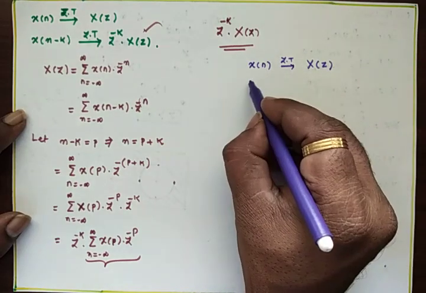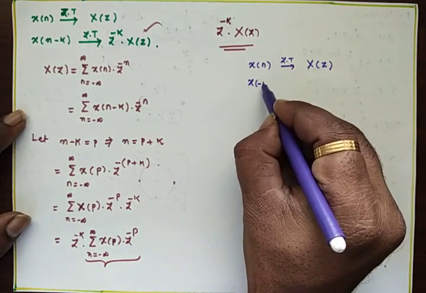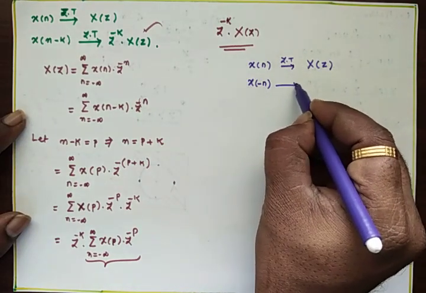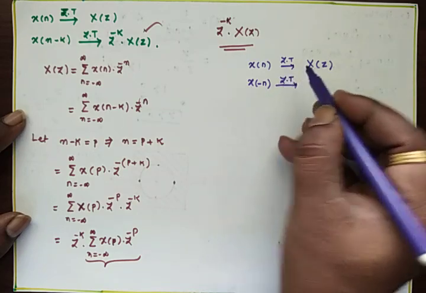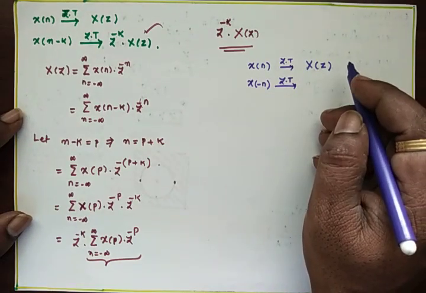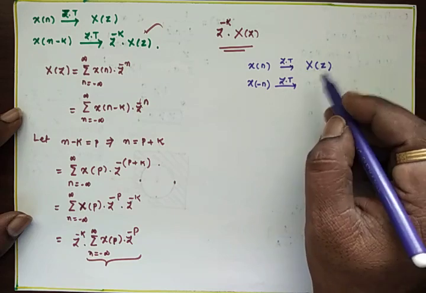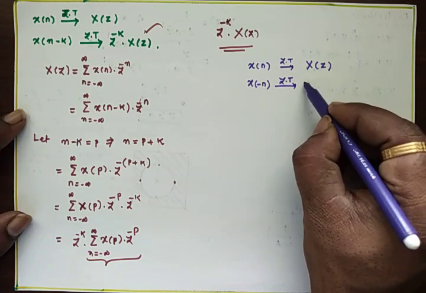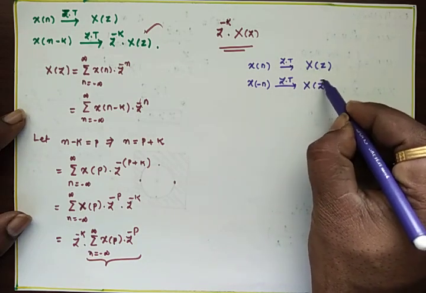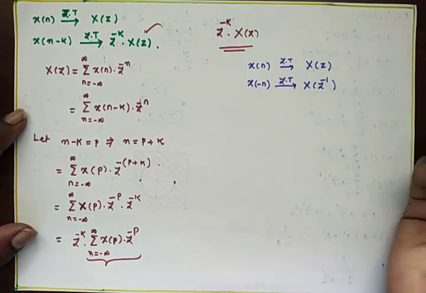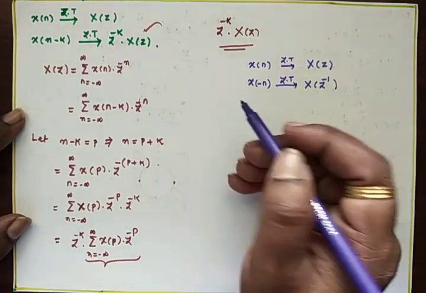If this x of n is time reversed, then if we apply the Z transform on that particular signal, its Z transform will be X of z to the power of minus 1. That we have to prove.